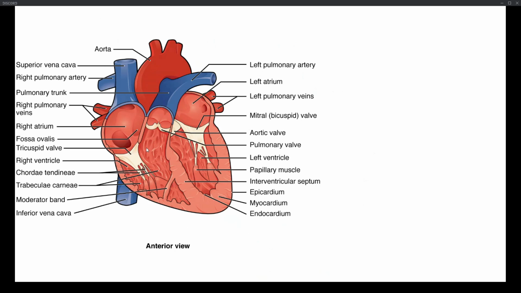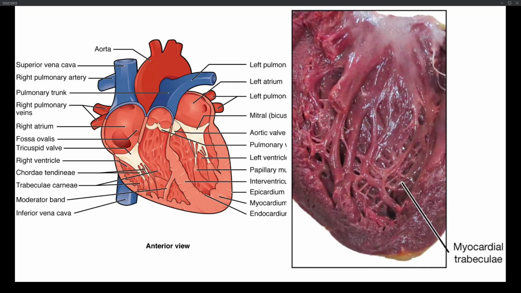And in between, which you can't see here, but is described, is the crista supraventricularis, which just helps leading the blood from the atrium towards the ventricle, towards the ostium trunci pulmonalis. What's also very interesting is these trabeculae carneae. They have a very diffuse structure, which can also be seen over here.